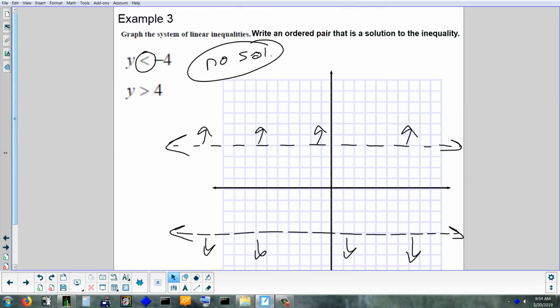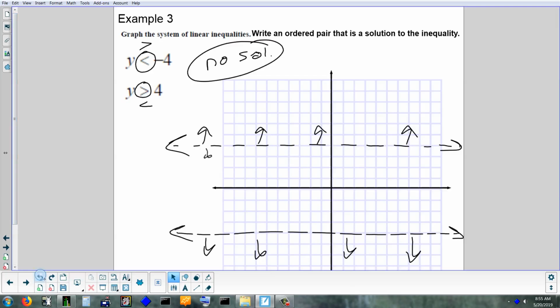What could you do to make this one have a solution? If you flipped both of these symbols, so this one pointed that way and this one pointed that way, where would you end up shading? If the top one said shade below and the bottom one said shade above, then you would be shading in the middle.